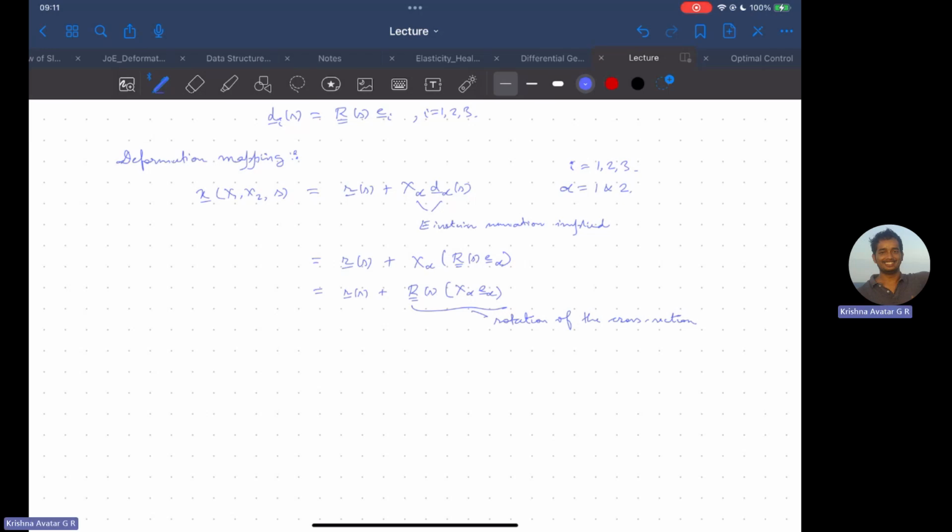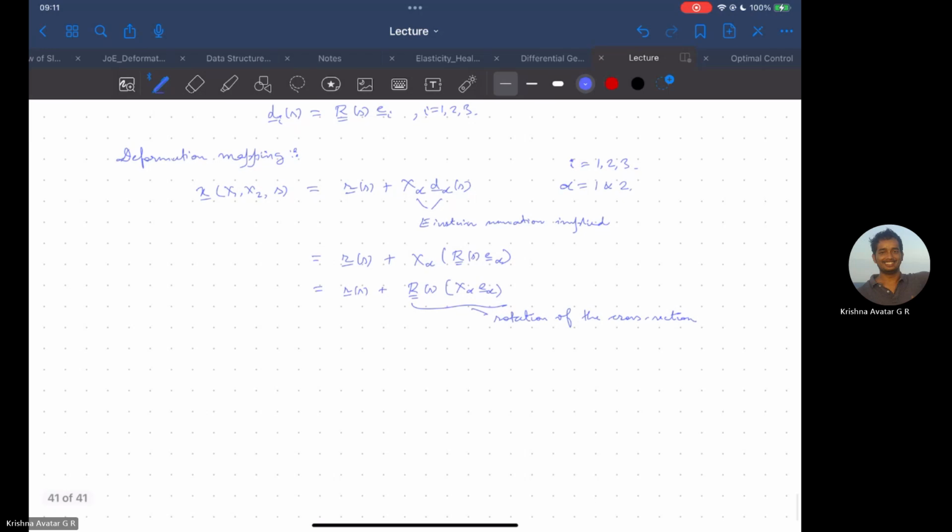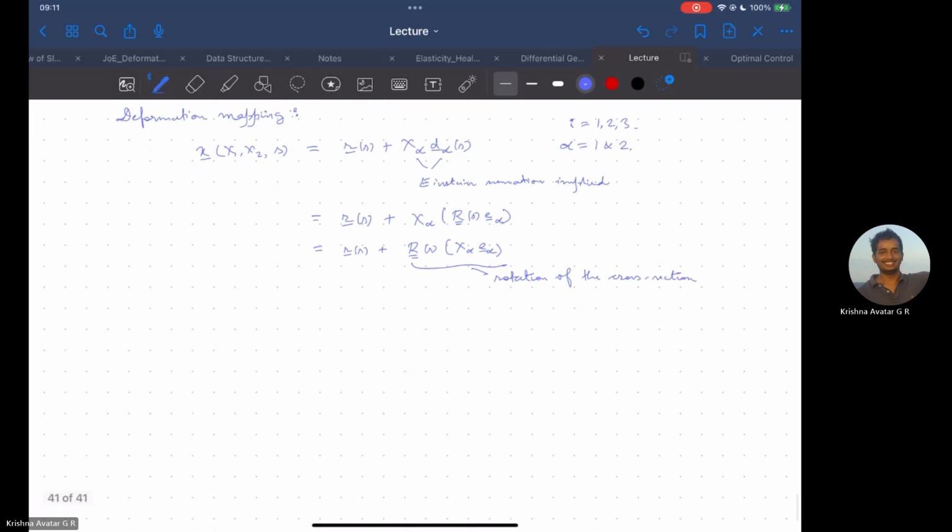And so what we can say is that we have r vector of s. These are the kinematic quantities to describe the deformation.